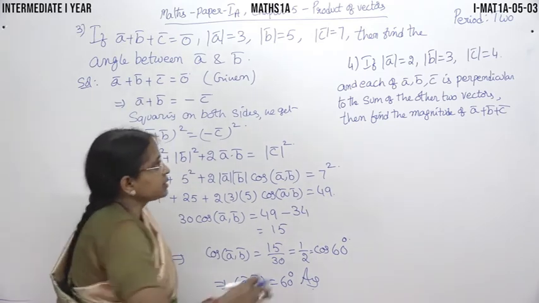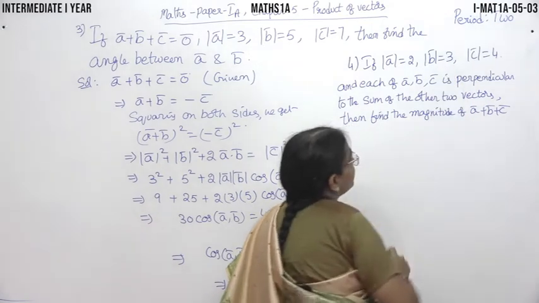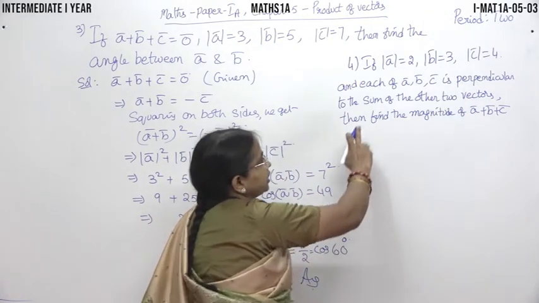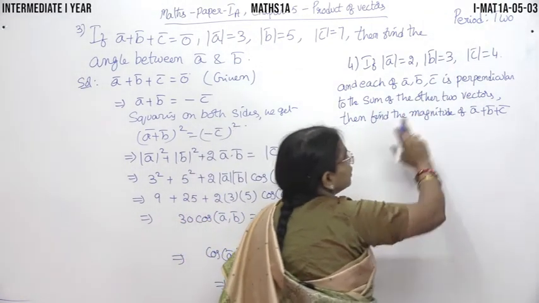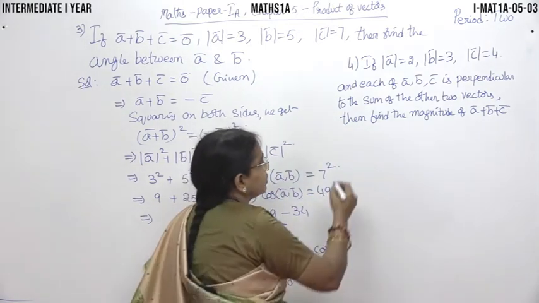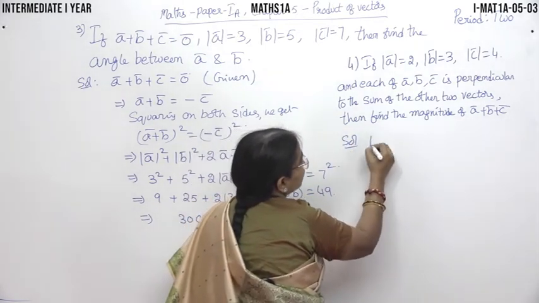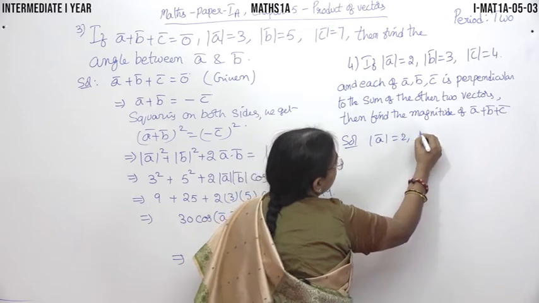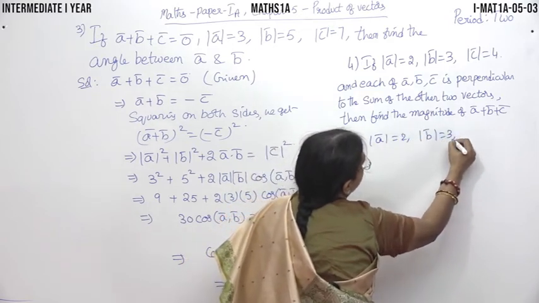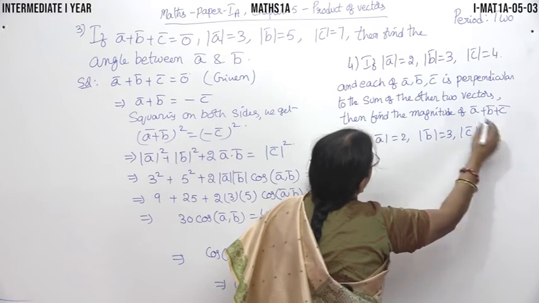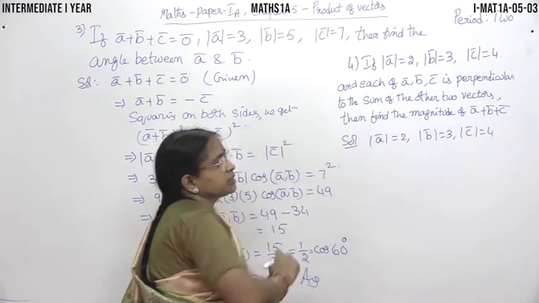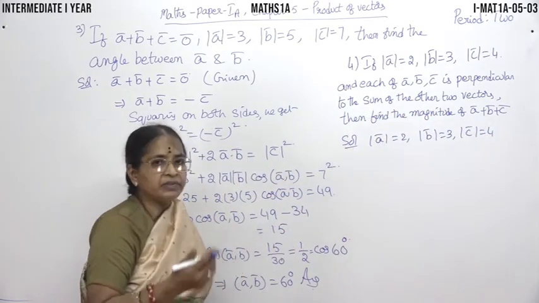Okay. Now next is mod A, mod B, mod C are given, and each of A, B, C is perpendicular to the sum of the other two vectors. So what is given here? Mod A is equal to 2, mod B is equal to 3, and mod C is equal to 4. Each of A, B, C is perpendicular to the sum of the other two vectors.